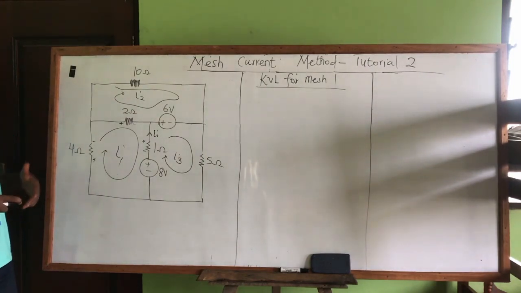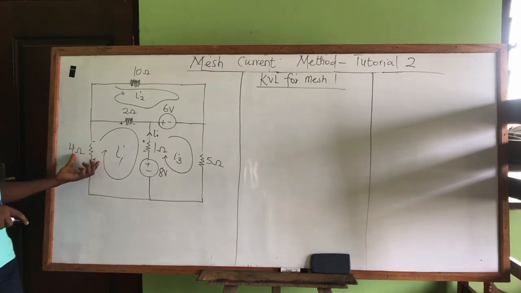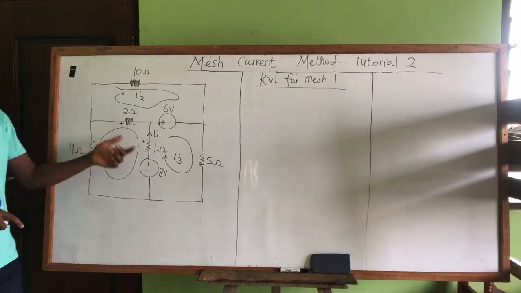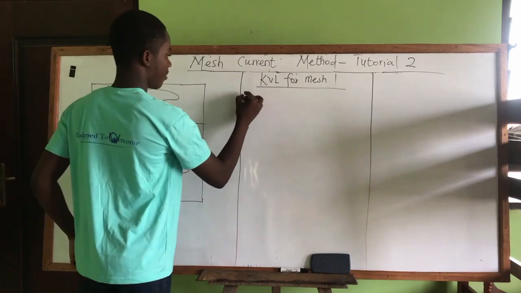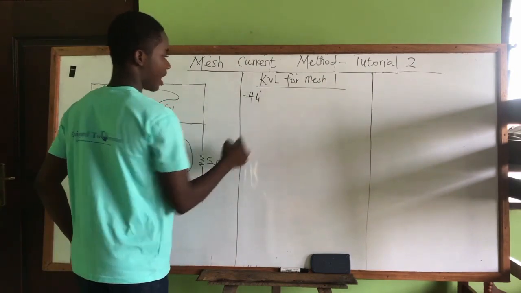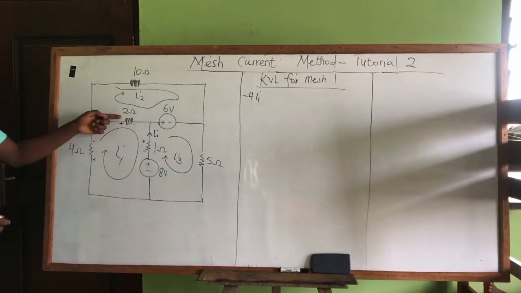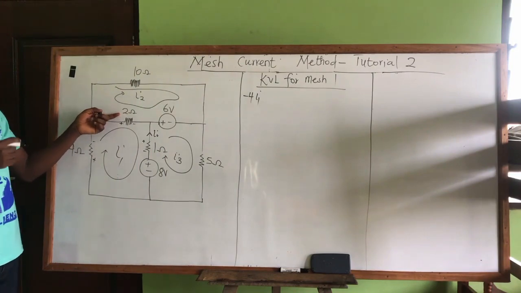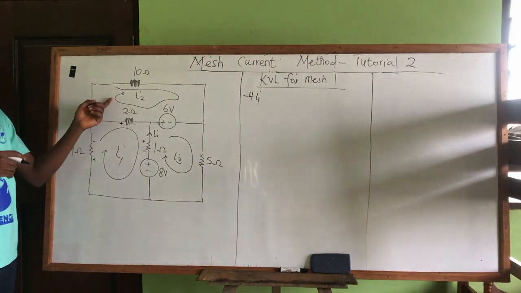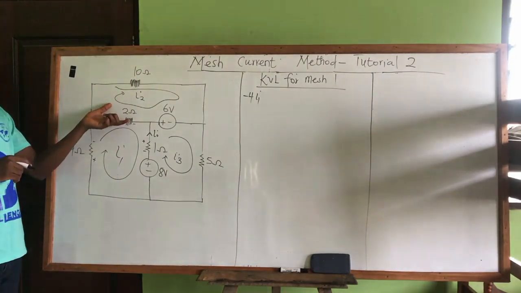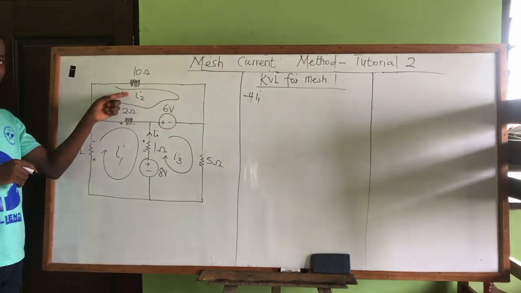So let's sum the voltages in that loop starting from here. The voltage here will be minus 4I1, so I have minus 4 times the current I1. We have 2 ohms, but the 2 ohms is between mesh 1 and mesh 2, so the current in the 2 ohms is I1 minus I2.